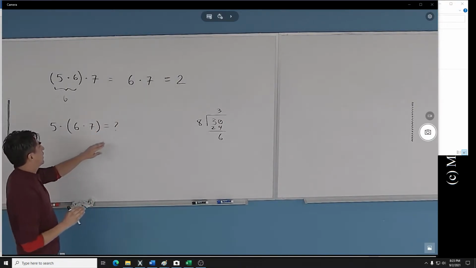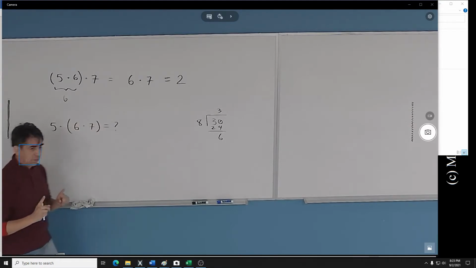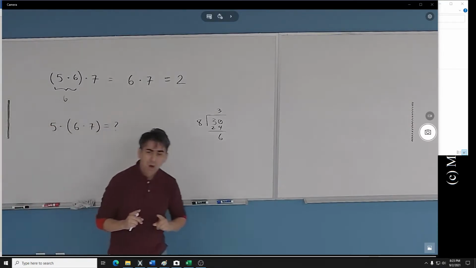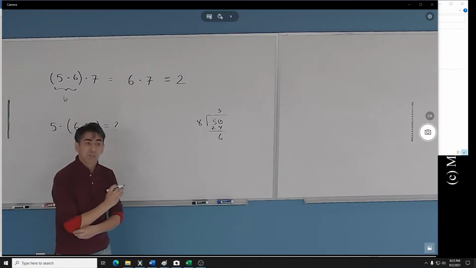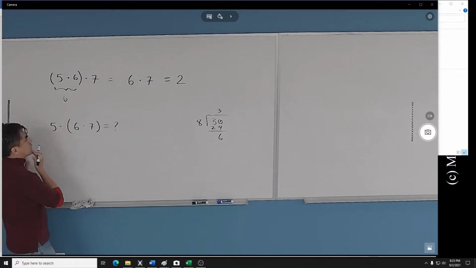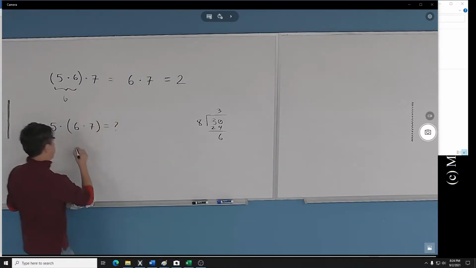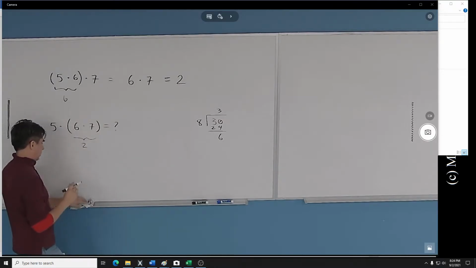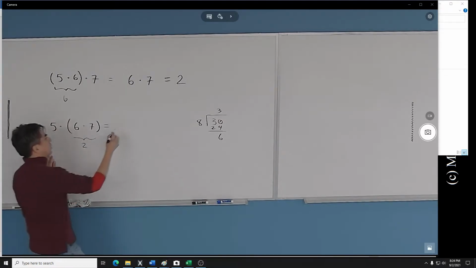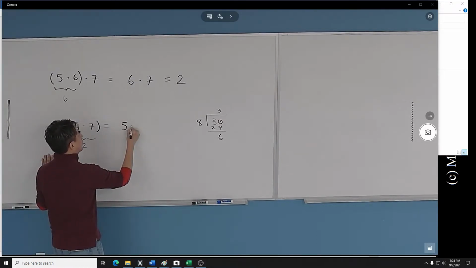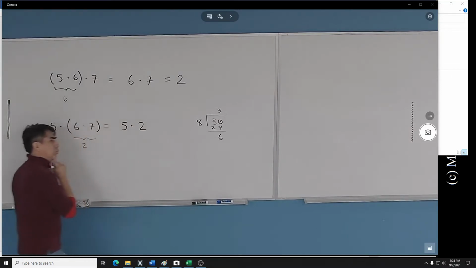Now, our second calculation. We have to follow our order of operations. What's inside the parentheses must be computed first. So what is 6 times 7, where the multiplication is multiplication modulo 8? Well, we already know the answer to that was 2. So now we obtain 5 multiplied by 2, multiplication modulo 8.